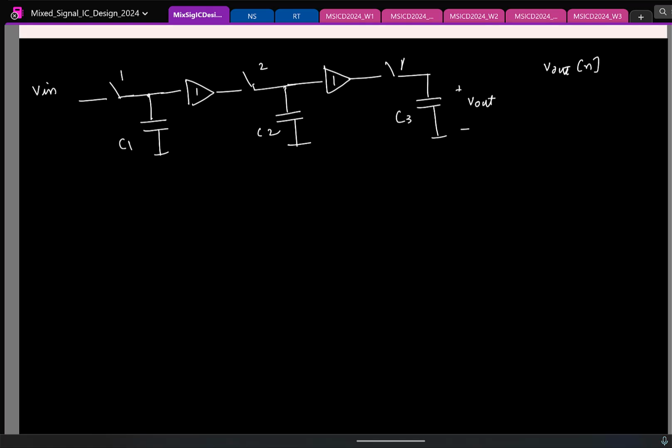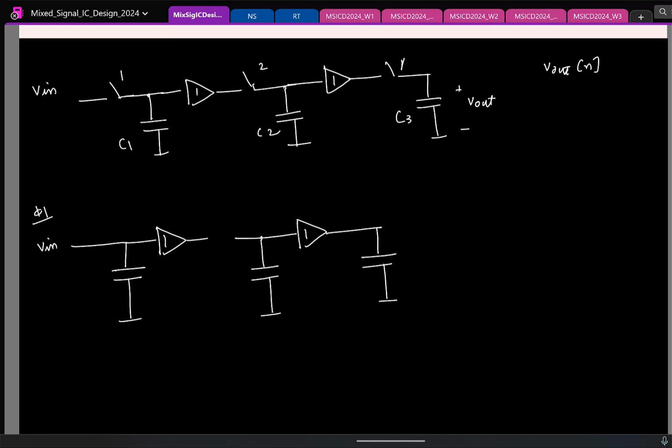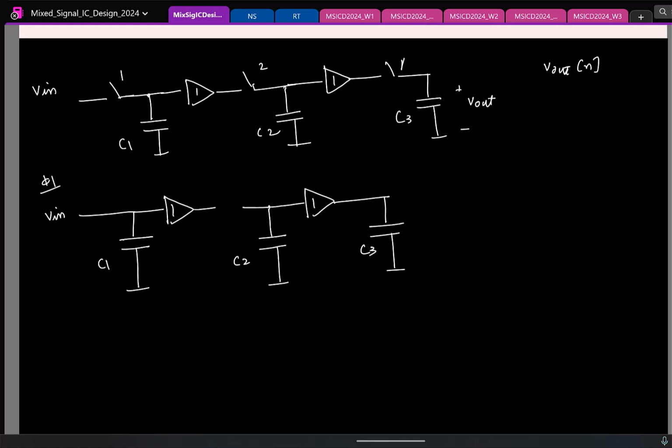So as usual, let's draw the equivalent circuit in both clock phases. In phi 1, I have this. Okay. This is open. You can also draw it. Phi 2.